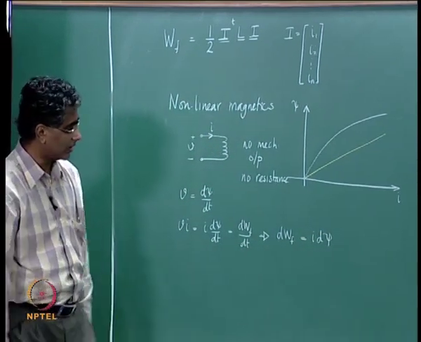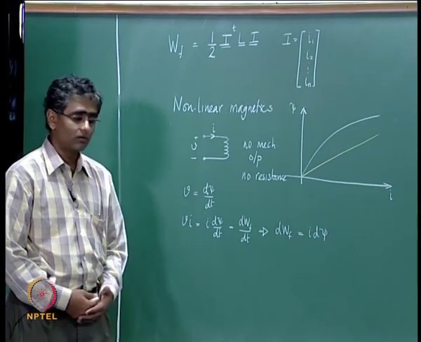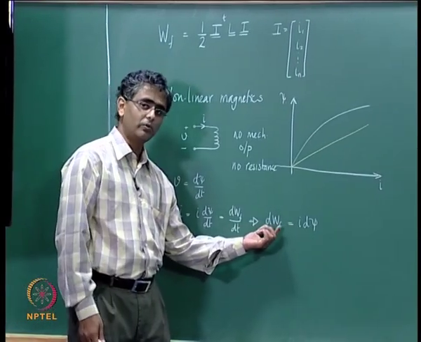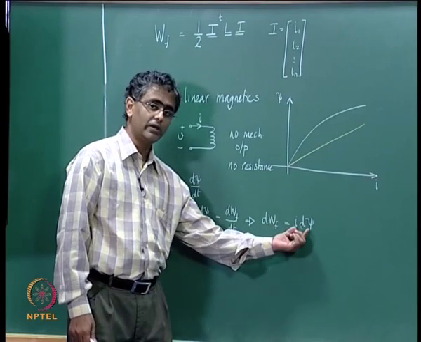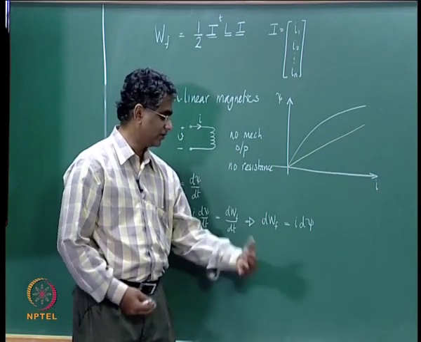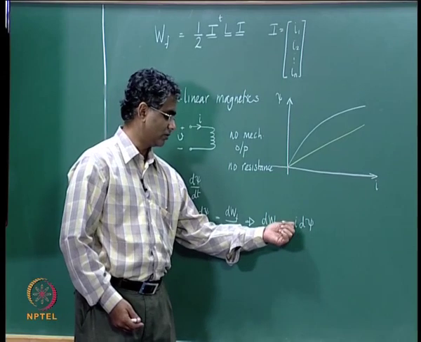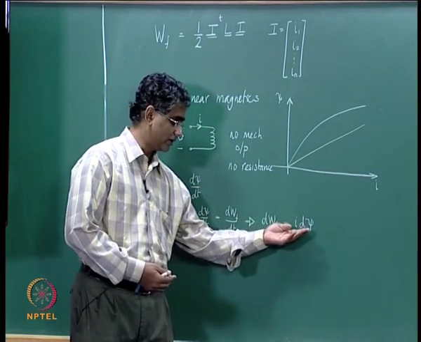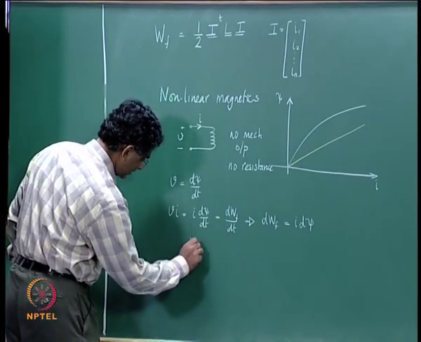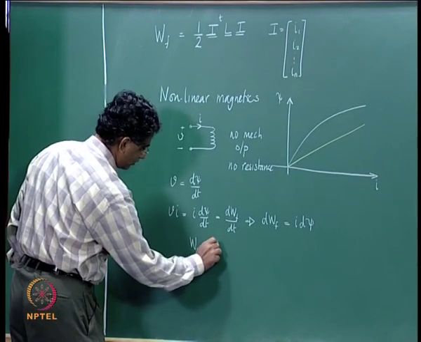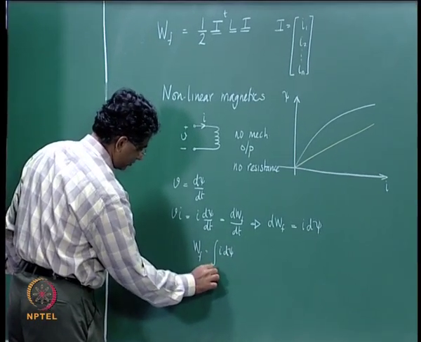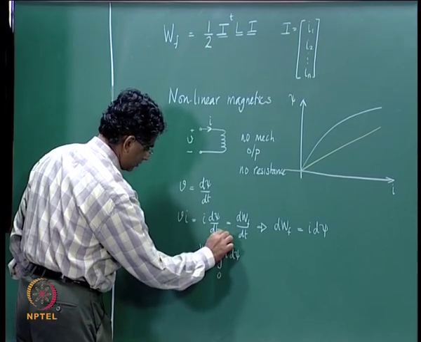So, if you want the expression for the field energy, you need to integrate this expression. dWf, a small change in the field energy, is given by I into d psi, and if you want the total field energy for a given current flowing, which means you enable the flux linkage to go from 0 to some value psi, then the field energy is given by the integral of I d psi, with psi going from 0 to some capital value psi.